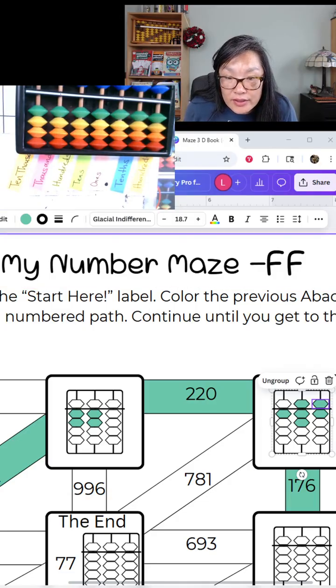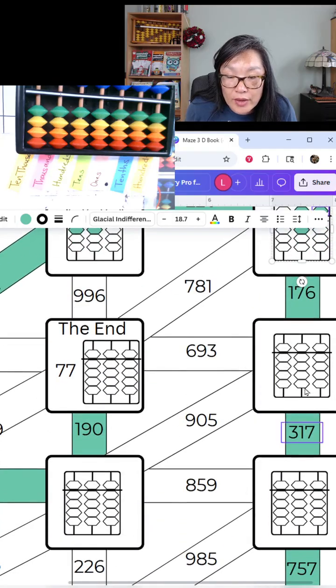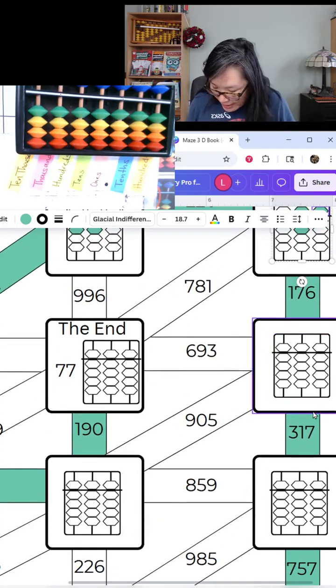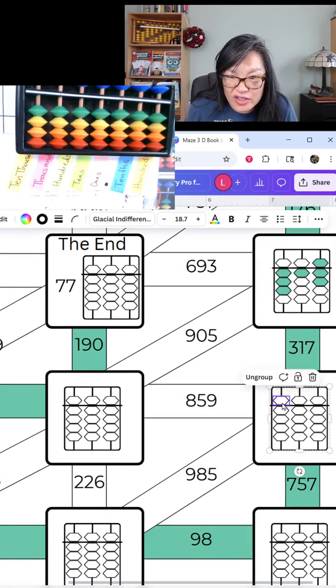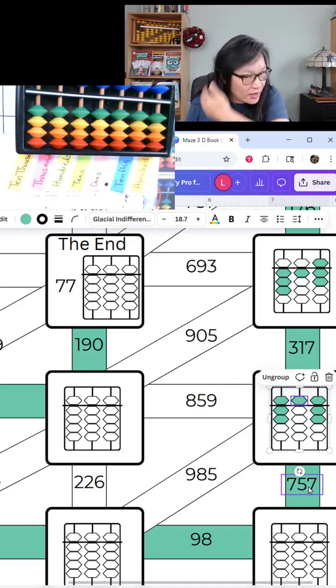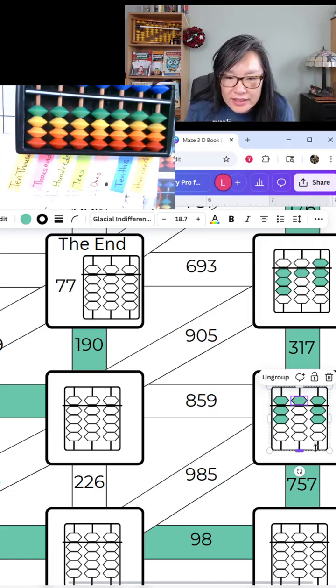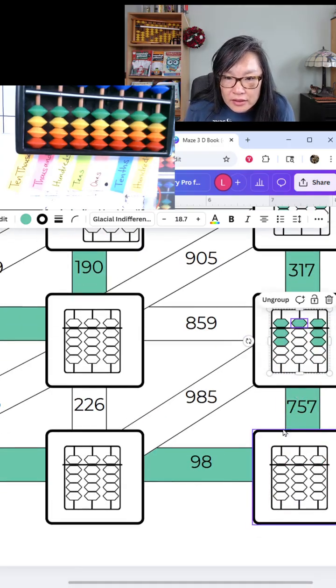So this is 700. What I'm doing is I already provide the path, and I just need to write the answers. So when you have the book, you have your answers, right? It's going to suck if you don't have any answers and you don't know if this is really right. So I wanted to provide the answers, and that's what this is. And this is 757. And then here, that's what this number is.